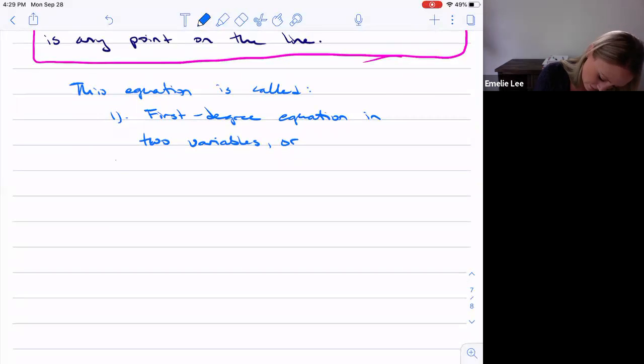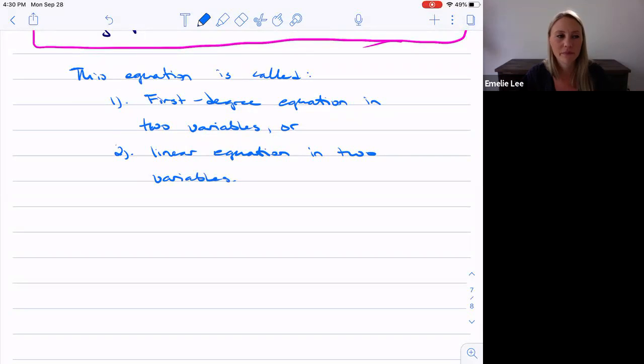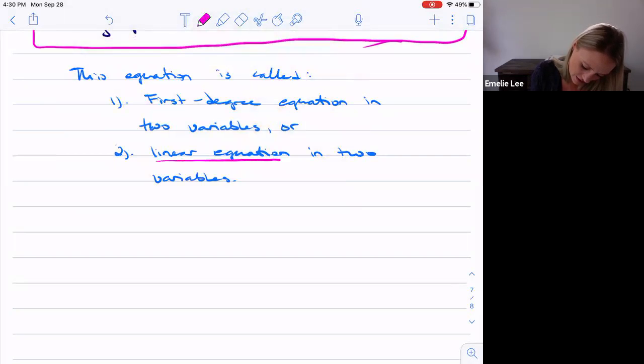Or the second way is a linear equation in two variables. But honestly, if it's a straight line, it's kind of implied. So I'll use this one.